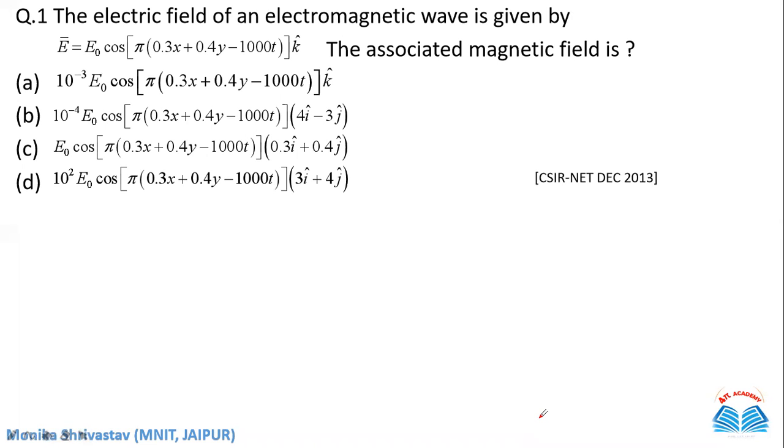Starting with question 1. Guys, now listen to me carefully, because many questions are coming from this part of electromagnetism, and I am unable to put all those questions in one lecture.